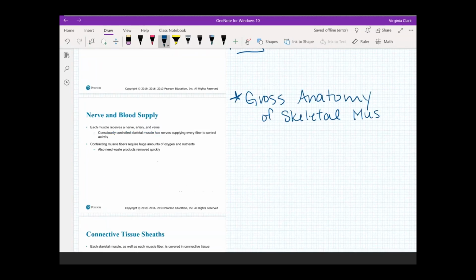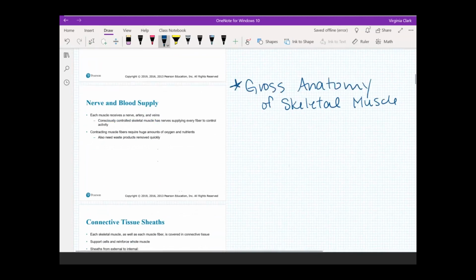Okay, so the first thing for our gross anatomy is the nerve and the blood supply. So you will have innervation, which is the nerve that can pick up sensations, and you'll have blood. So you'll have an adequate influx of nutrients, being able to take away waste, everything that you will need. It's a rich blood supply.